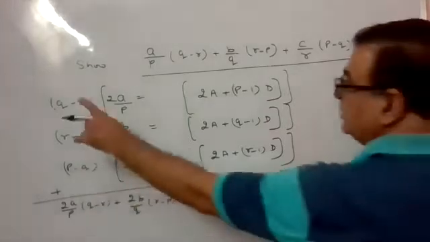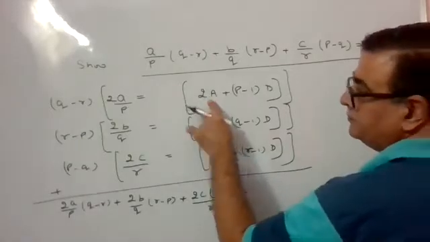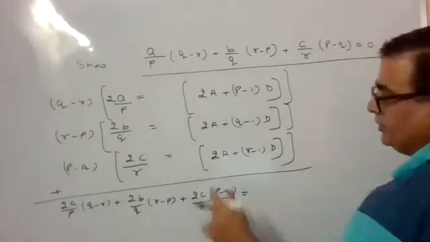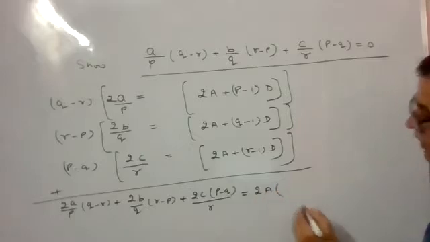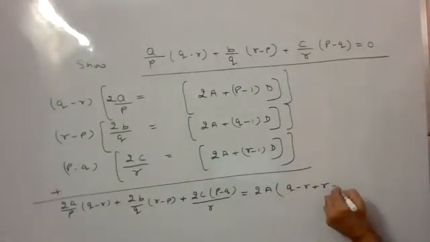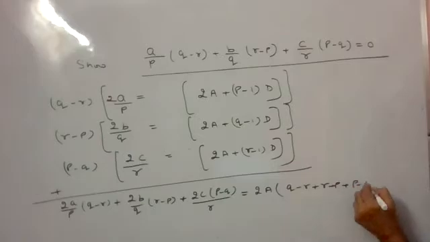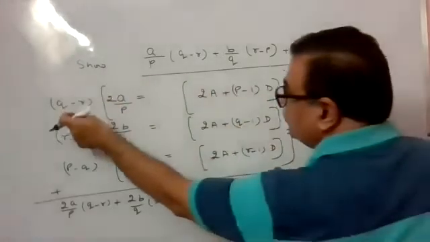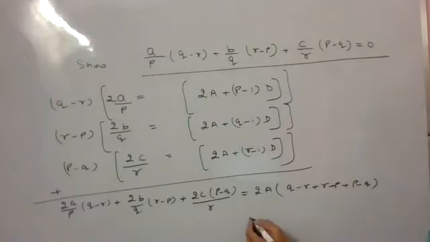Now check. This into 2A, this into 2A, this into 2A. I'll add these 3, so 2A will be common in all. What is left inside? Q minus R plus R minus P plus P minus Q. Same way, now this multiplied with Q minus R, D will be common.